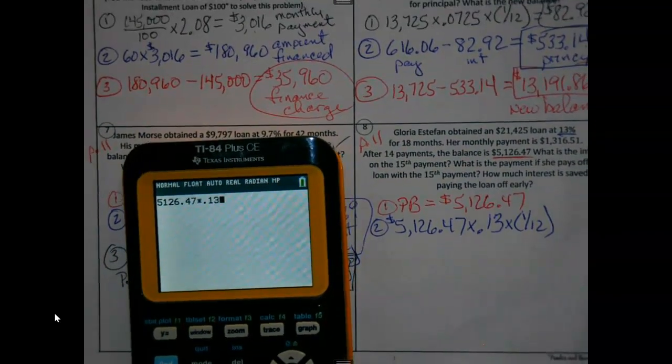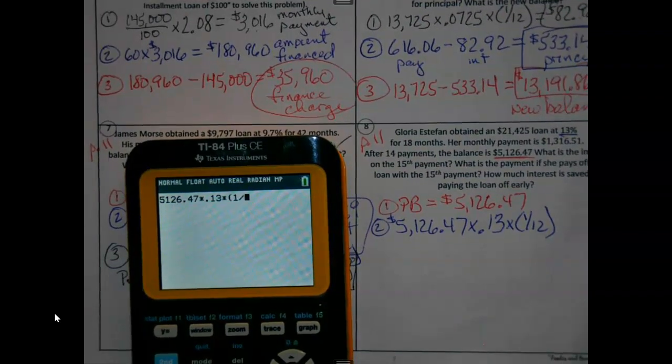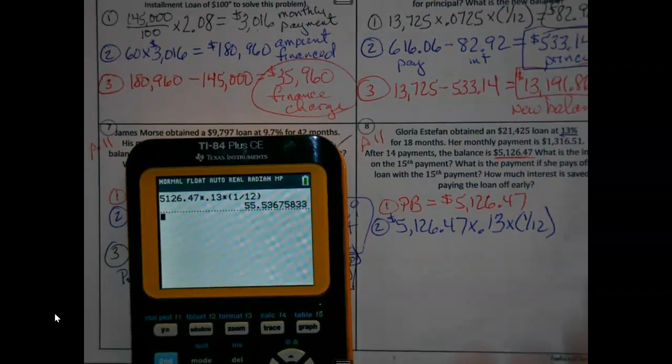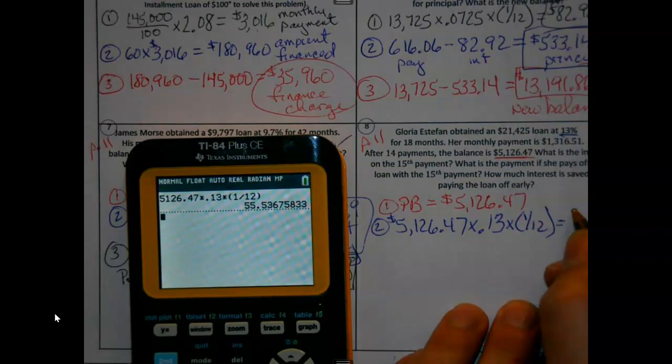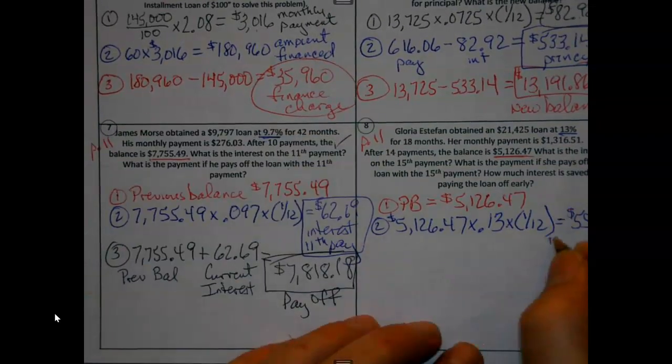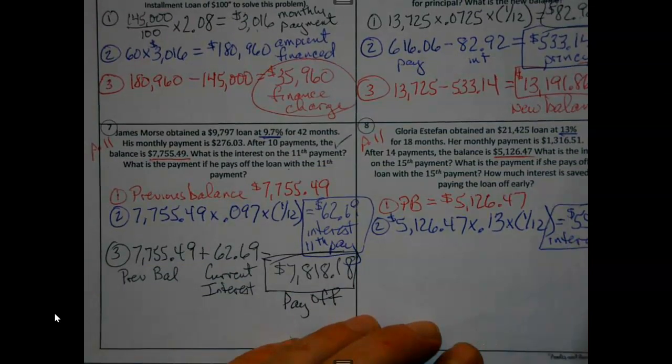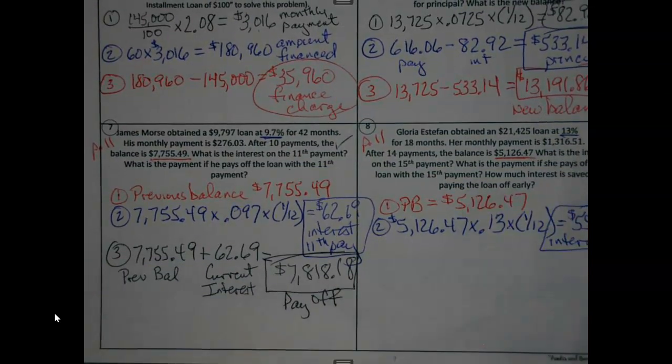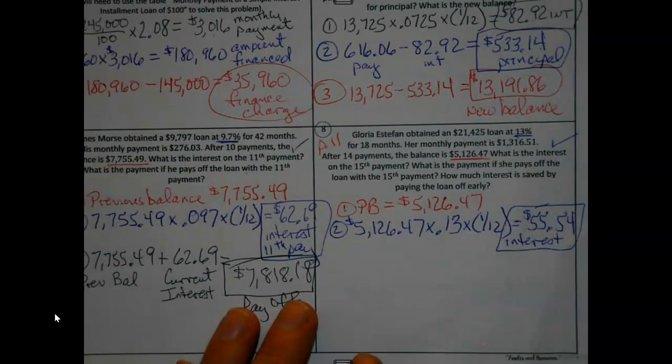And I'll say it like I do in every one of these quizzes: just make sure you show me what you're doing so I can figure out what's going on in case something goes kooky somewhere. Okay, so there's my interest on the 15th payment.